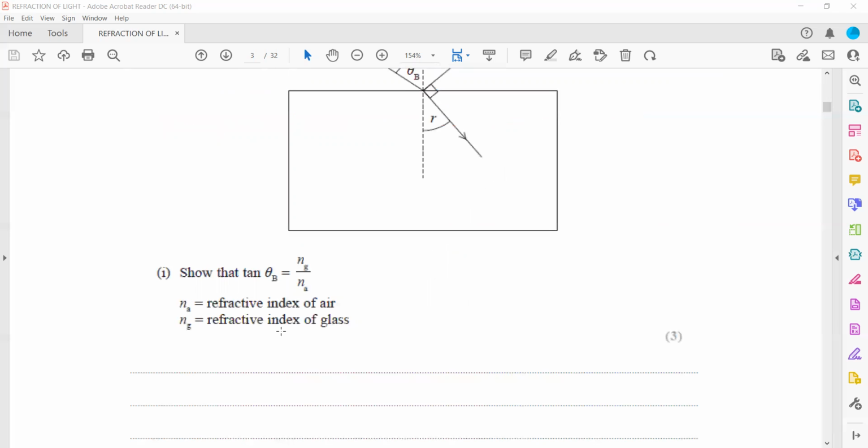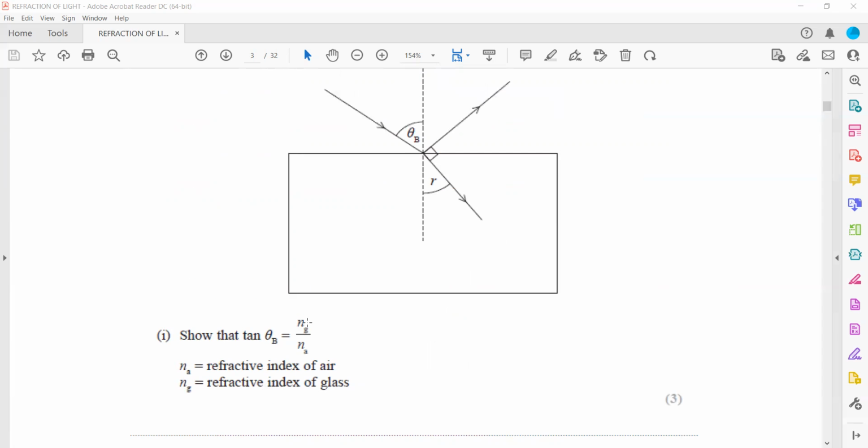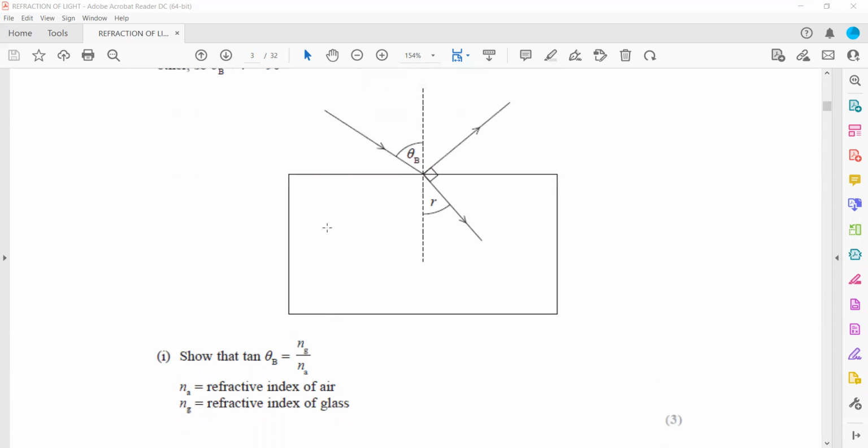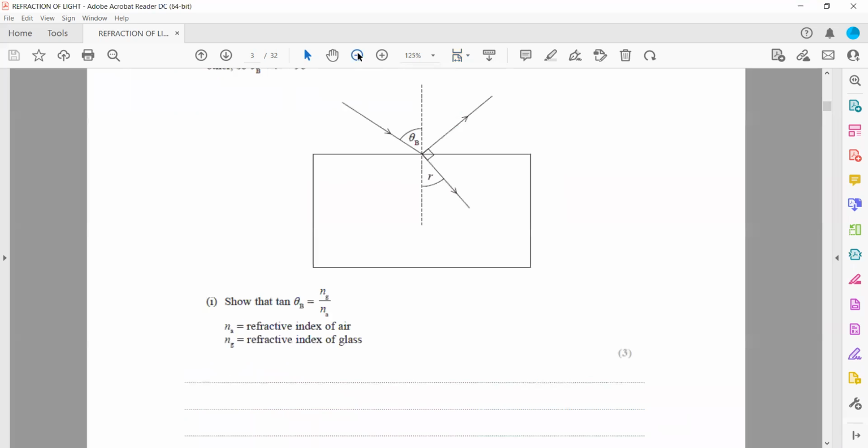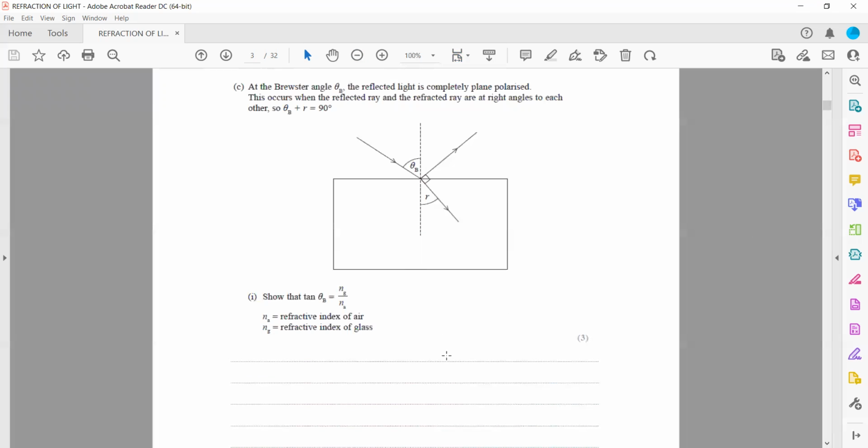We have to show that tangent theta b equals the refractive index of glass divided by the refractive index of air. This is what we have to show.